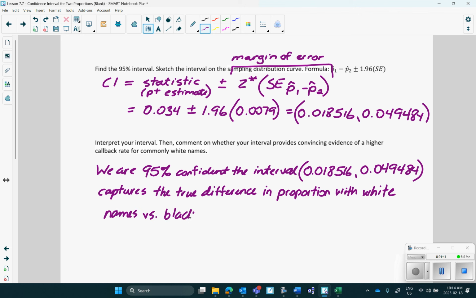When I say that, remember, it's the proportion of commonly white names minus the proportion of commonly black names. Okay.